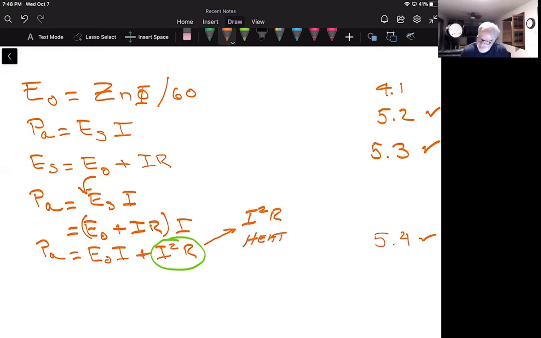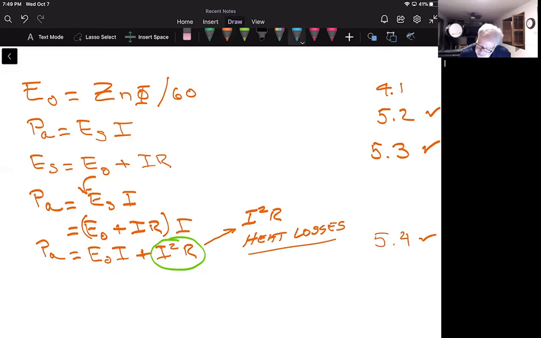It's the product of the current squared times the resistance. All right, heat losses.